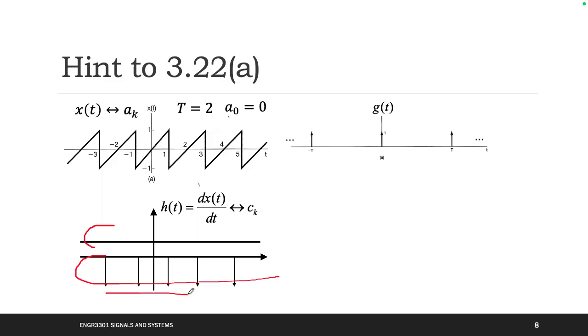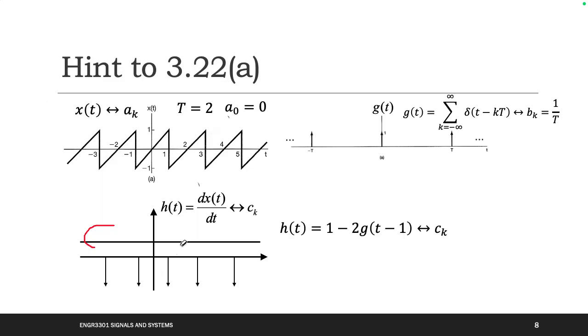But if we want to get this signal, we need to change this one, try to shift it. The original one is 0, but here it should be 1. So this is the a_k, so h(t) should equal 1.